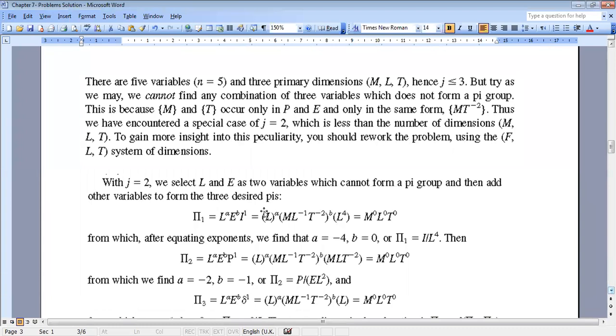They selected, for example, here L and E. Okay? So if we select L and E, because you have the solution here for L and E, I will choose for you other 2 variables.